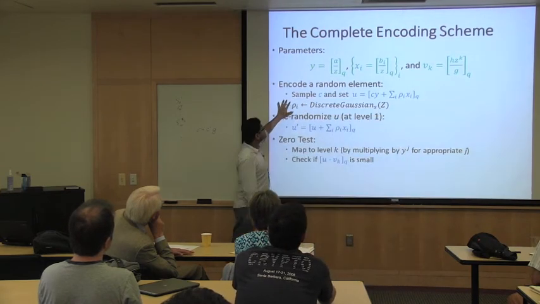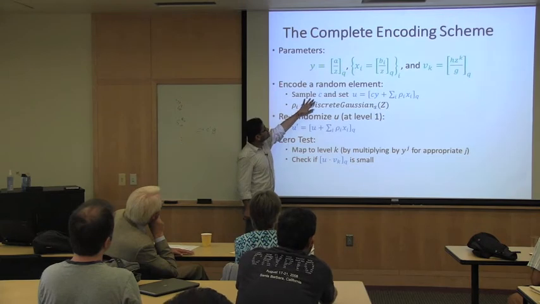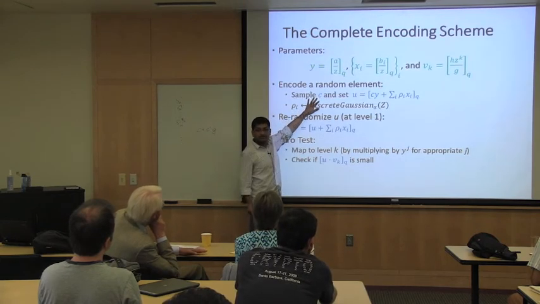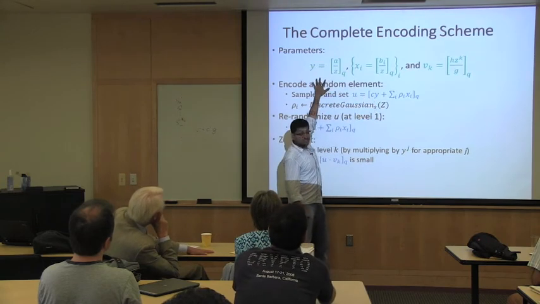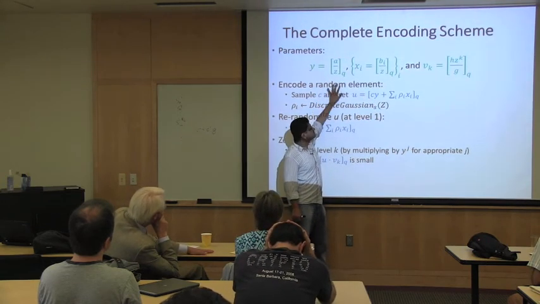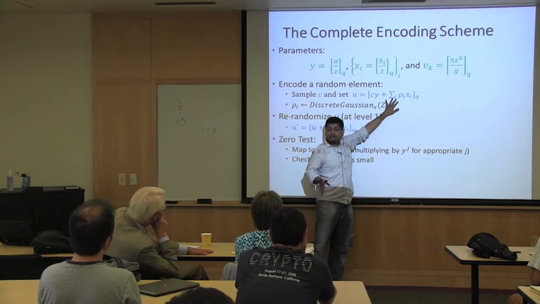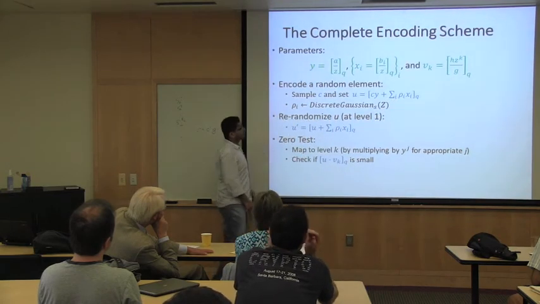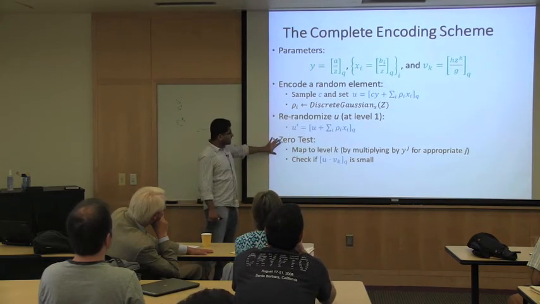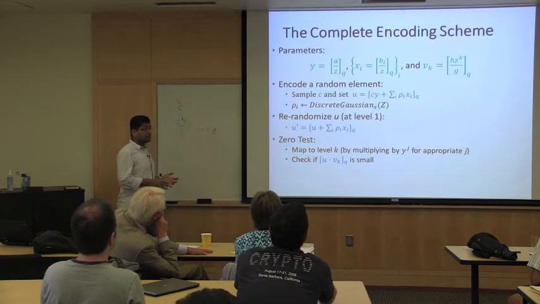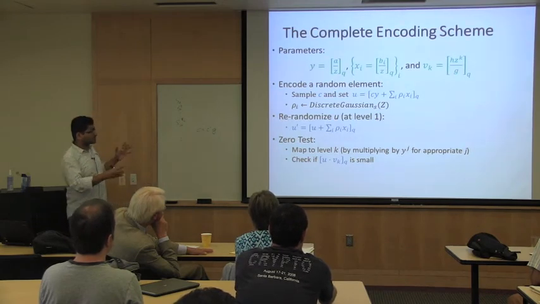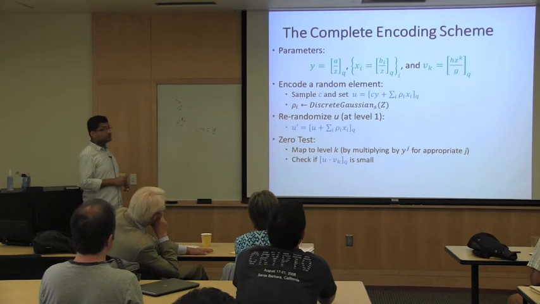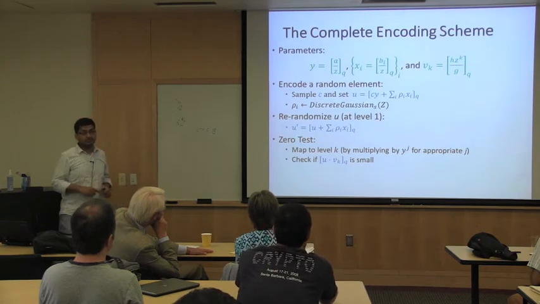If you want to encode something, you sample a value C according to the discrete Gaussian, and then you multiply it with the level 1 encoding of 1, and you add some noise to make it look random. And the 0 test can be applied: you can raise the value to the kth level, multiply it with the equality test parameter, and if the value is small, then you know that this is an encoding of 0.